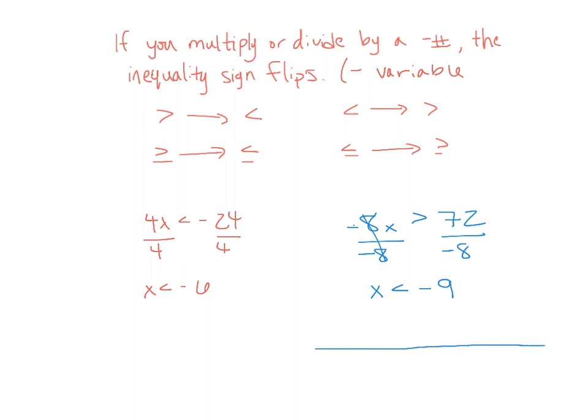You would follow the rules for your answer. So you have negative 11, negative 10, negative 9, negative 8, negative 7. We would have an open circle over negative 9, and it would point to the left.